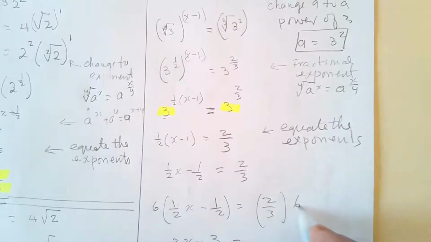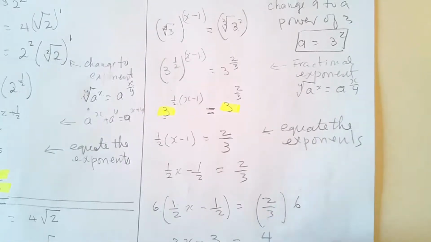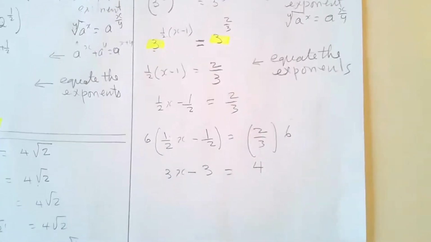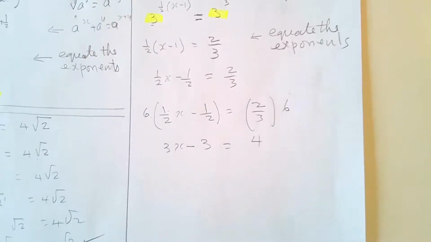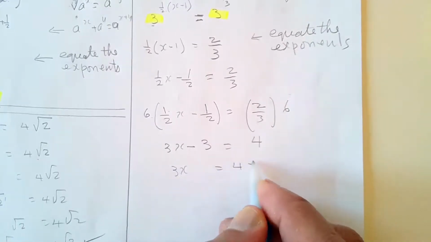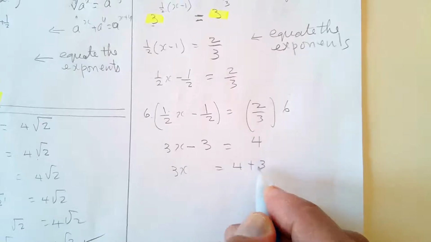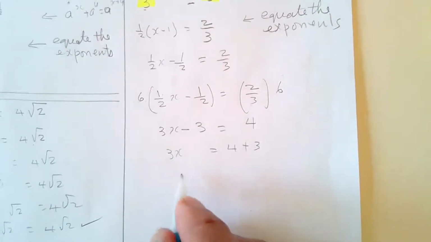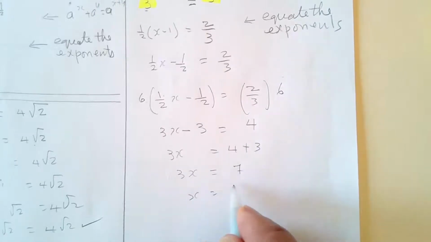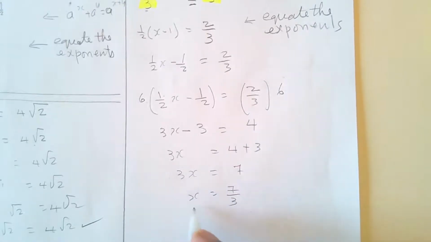On my right side, 3 can go into 6 2 times, and 2 times 2 is 4. Now I simplify my calculations. Now I have 3x is equal to 4 plus 3. So 3x equals 7. x is equal to 7 over 3.